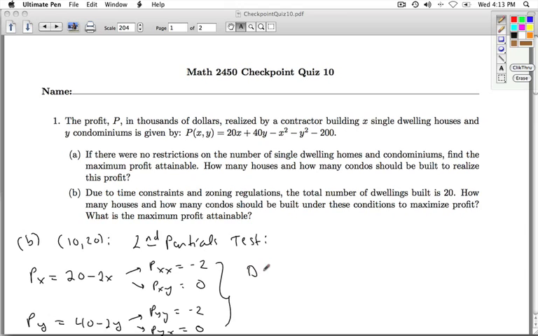So I put this together to get my D. Pxx and Pyy are both negative 2 minus 0. And so I get my D then is always 4.